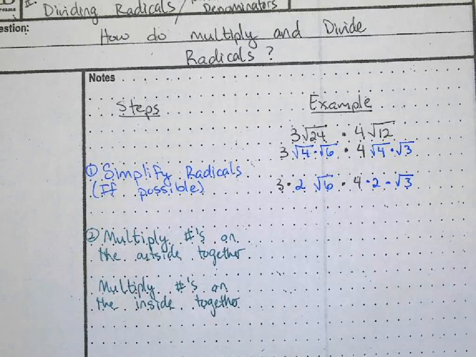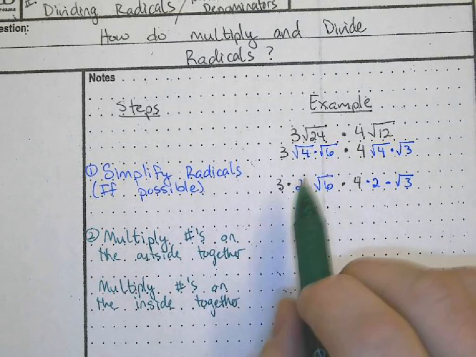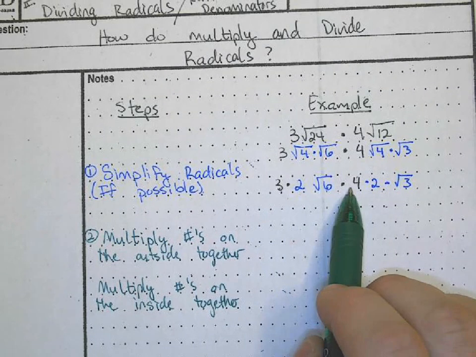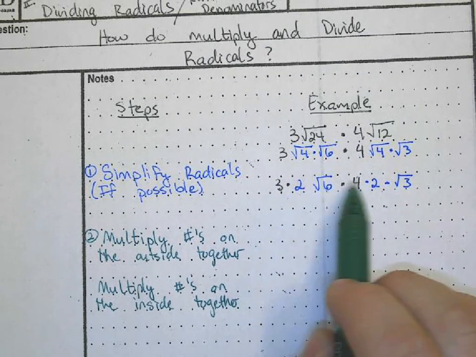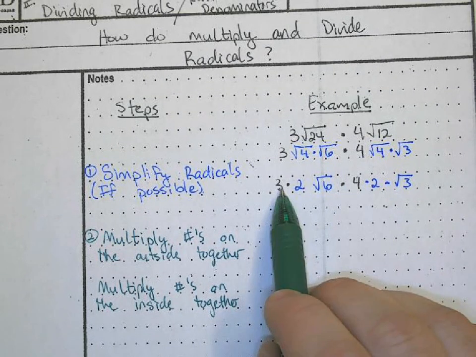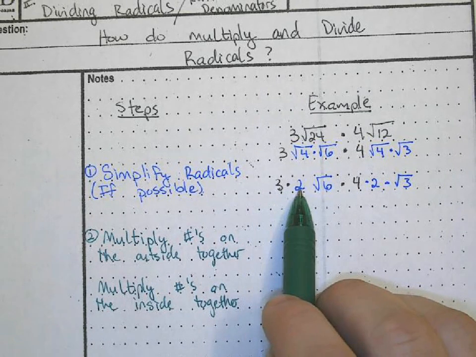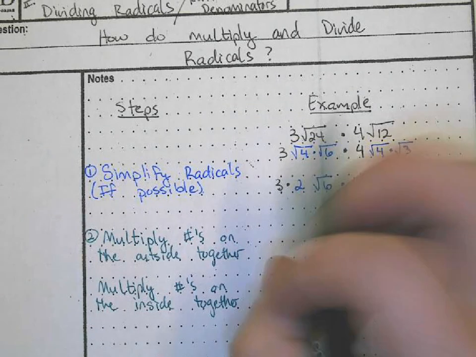And when I'm saying outside and inside, I'm referring to outside the radical or inside the radical. So I can go 3 times 2 times 4 times 2. So I can multiply all 4 of the numbers on the outside together, because this is all multiplication.